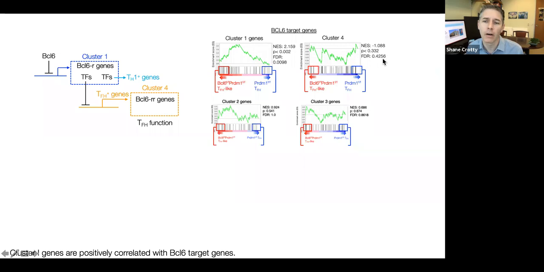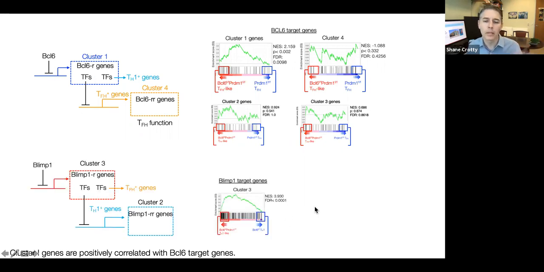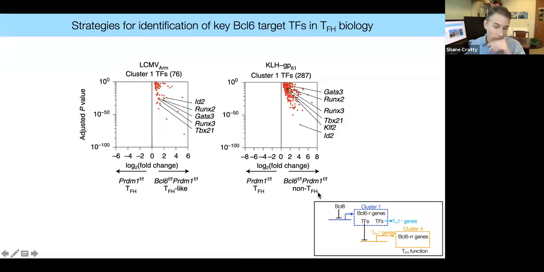And so these data are actually consistent with Bcl-6 primarily acting as a repressor, and activated genes coming up downstream are because of transcription factors that are repressors that Bcl-6 is regulating. And then we did the same thing with BLIMP1 and saw very much the same pattern, direct regulators versus indirect regulators.